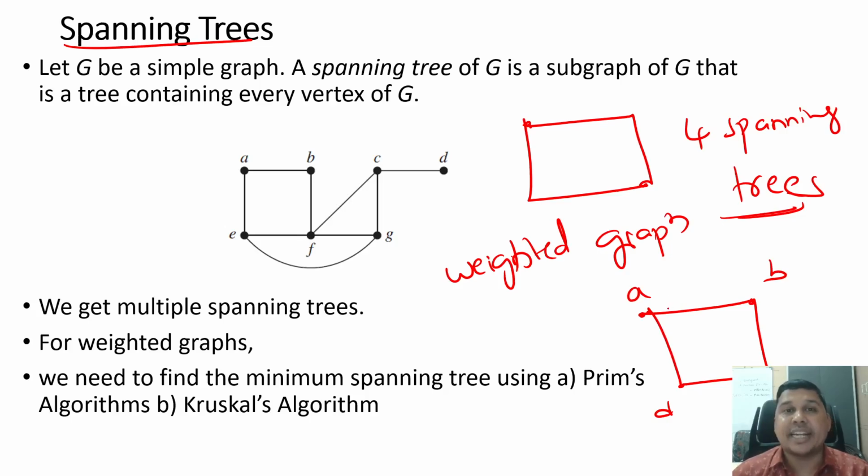Maybe it indicates the distance between 2 nodes or 2 cities, such as 5, 10, 9 and 3. This number 5 can be distance in kilometers, price per kilometer, or the time taken to travel from A to B. It can represent any parameter depending on the problem. Graphs which have some number on the edges are called weighted graphs.